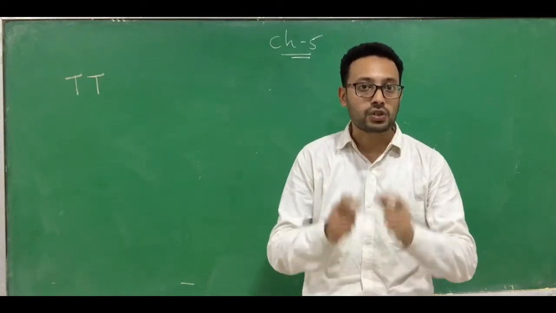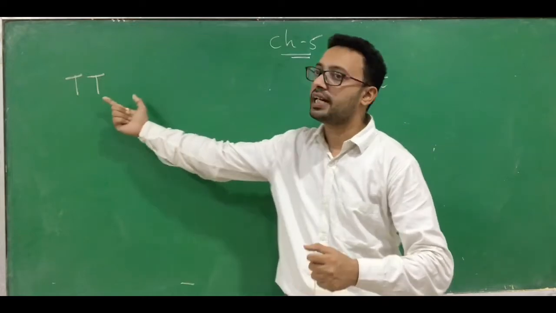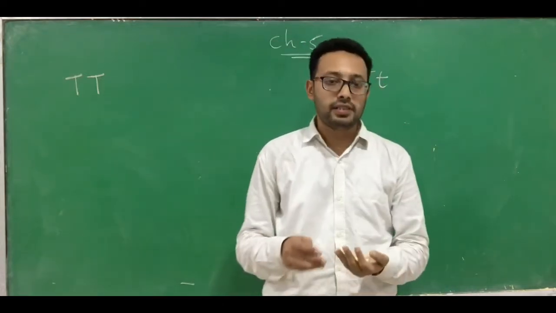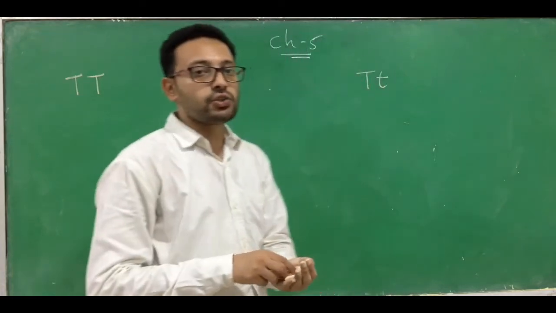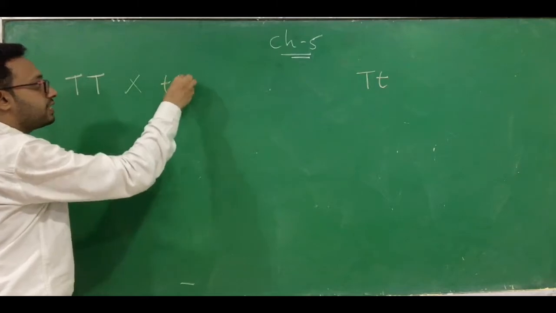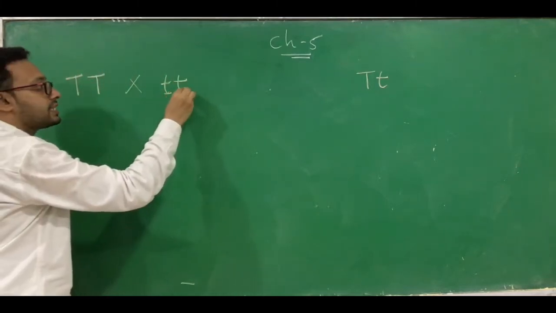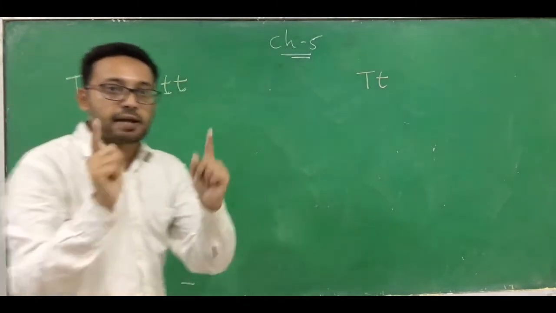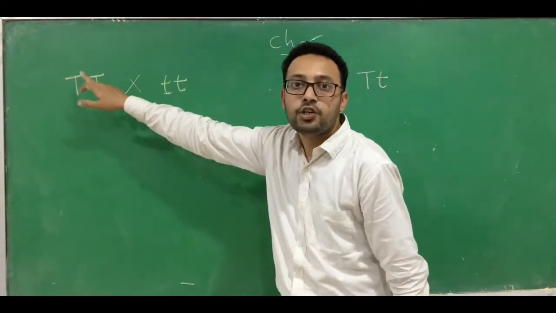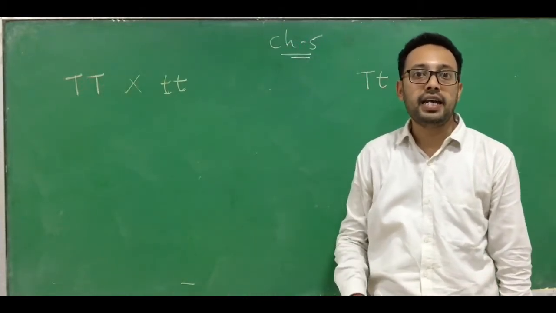That is by test cross. So I assume that on one side it is capital T T, and on the other side capital T small t. Always you have to cross with homozygous recessive. Small means recessive. Remember, capital letter means dominant, D-O-M-I-N-A-N-T.